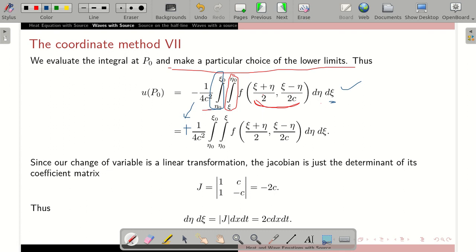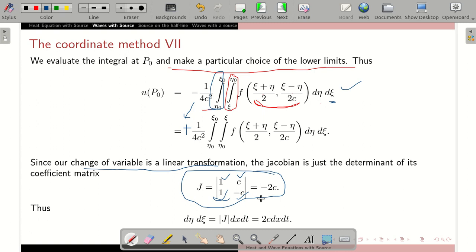So our change of variable is a linear transformation: xi equal to x plus ct, eta equal to x minus ct. The Jacobian of this transformation is given by this matrix. Xi equal to x plus ct, so coefficient of x, coefficient of t. Second, eta equal to x minus ct, coefficient of x, coefficient of t, which is minus c.